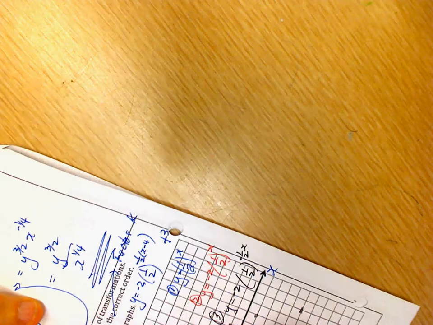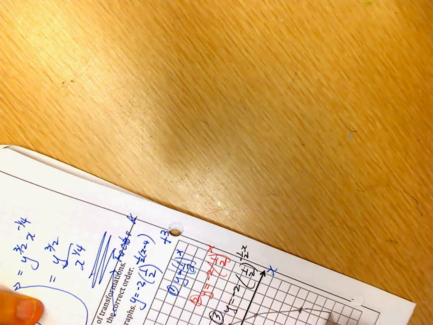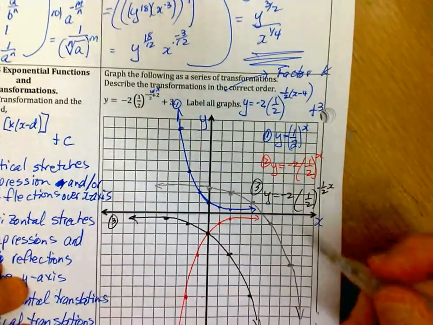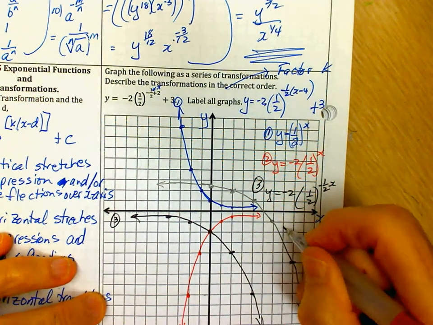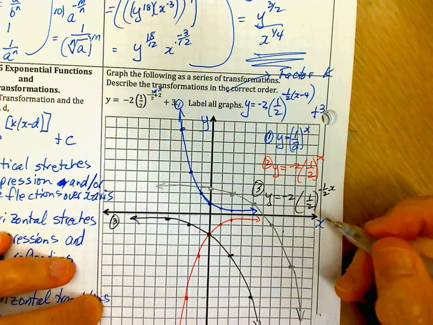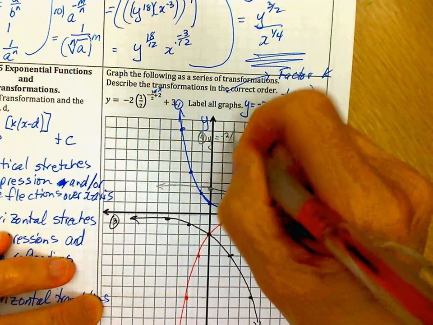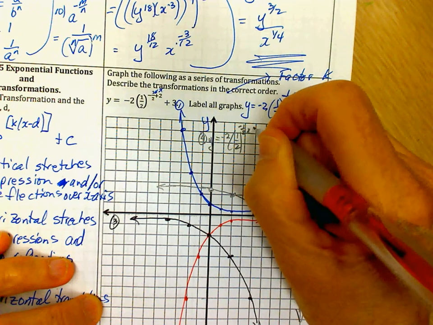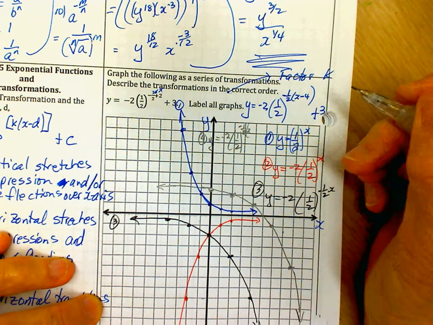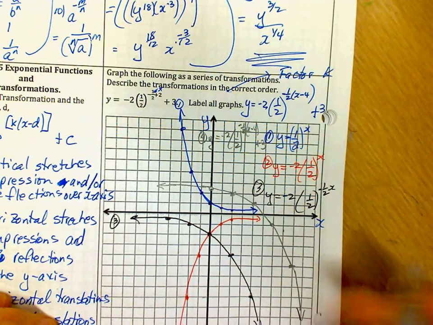Notice we have an asymptote, which is characteristic of exponential functions. So we will draw that asymptote in there. So this is graph number 4. I'll just write it here, it's a tight fit, unfortunately. 4: y equals negative 2 times 1 half to the 1 half x minus 4, plus 3. I apologize for the tight fit, but that's our final graph, graph number 4.